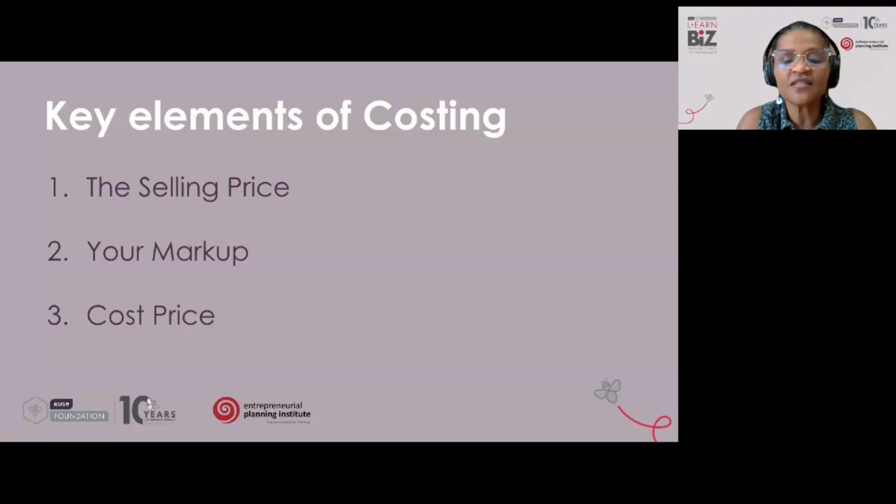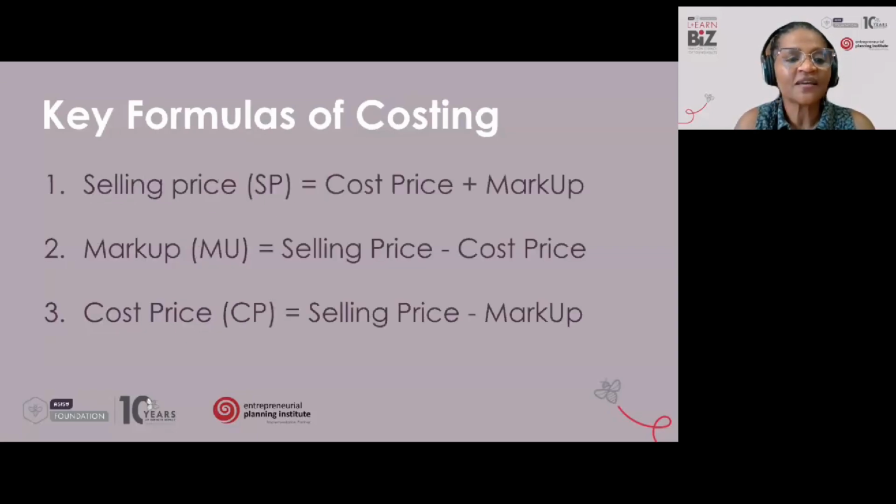Once we've looked at that, we then know our selling price. So we're going to quickly look at the three elements of the selling price: the markup and the cost price. Selling price, we did say, is made out of the total costs.